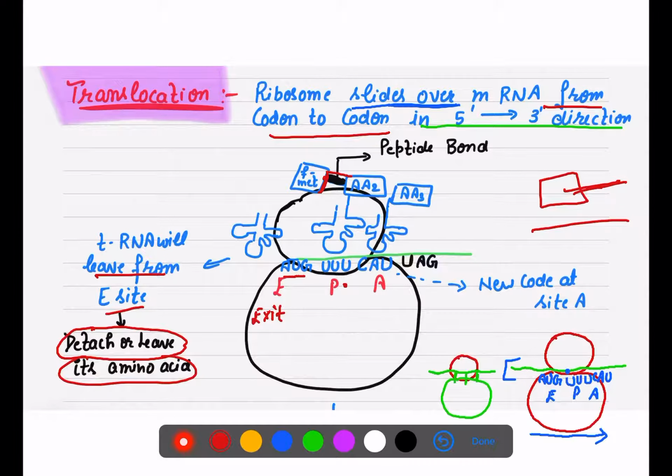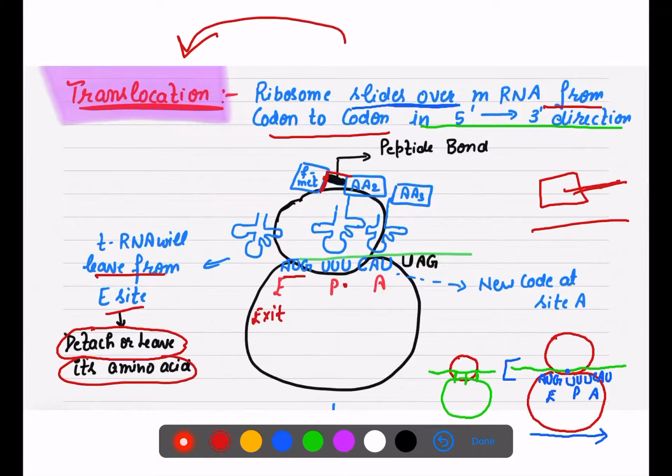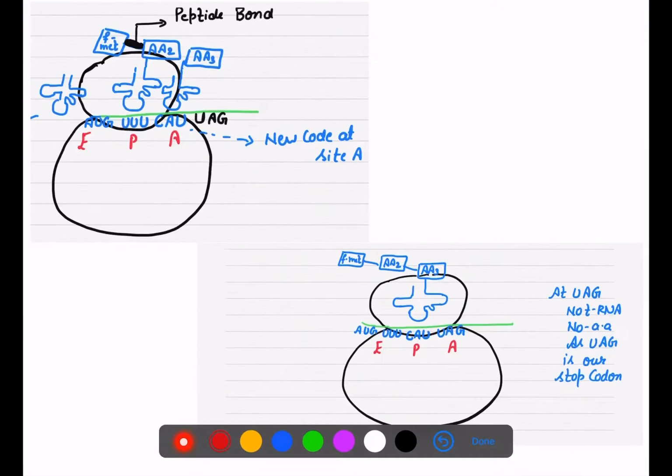This step is called translocation. Now the ribosome will move further. The tRNA carrying the second amino acid was at the P site. The moment the ribosome slides further, it will reach the E site, detach the amino acid, and the tRNA will move away from the E site.